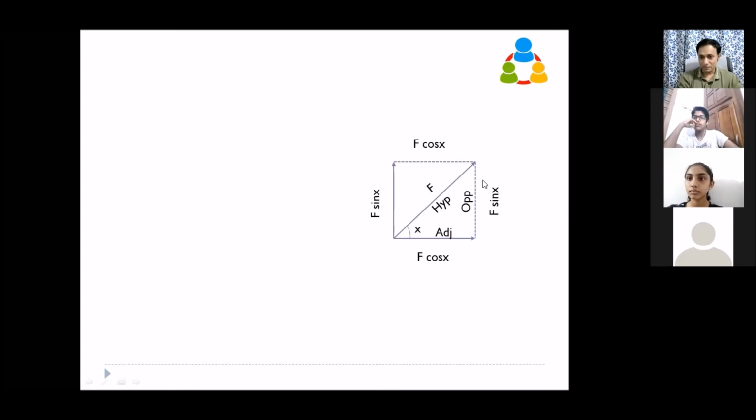As per the Pythagoras theorem, this side square plus this side square is equal to this side square, right? So this equation you are not learning by heart. I have asked you to remember actually only one thing, either cos or sine. Whatever is sine, the other side is cos. Either you remember cos or sine, whichever is comfortable to you.